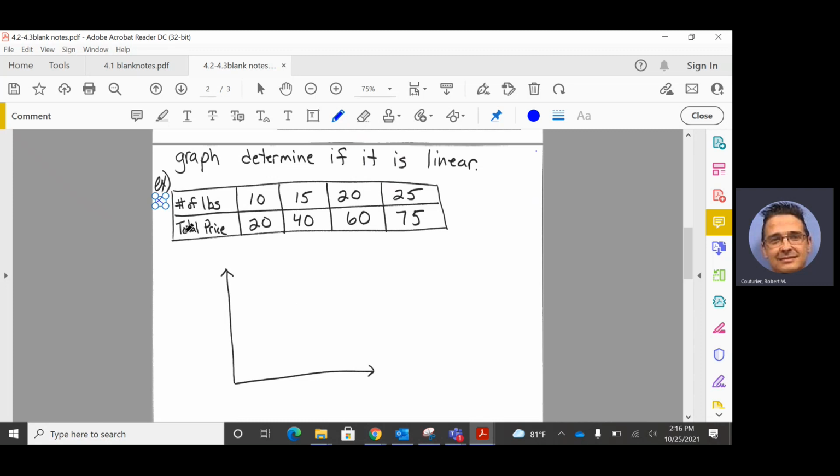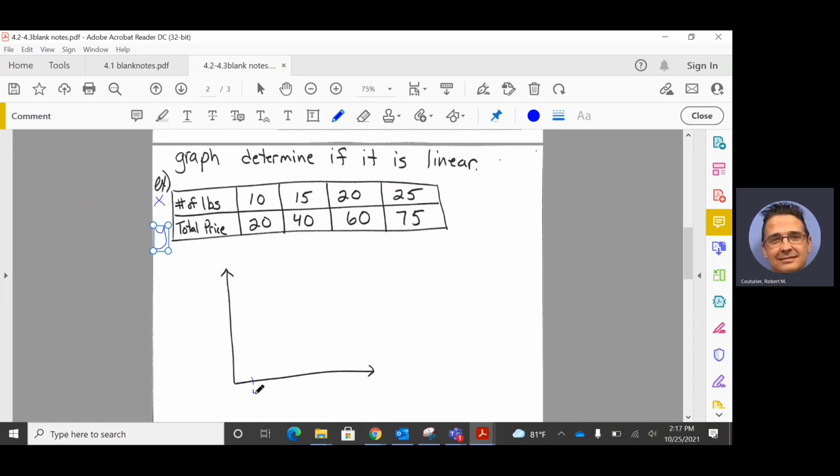You have to figure out which one is the x's and which is the y's. So here, x's, number of pounds. The y's is total price. You're going to almost always notice that total price will be a y. It's dependent. You don't know what your price is until you figure out how many pounds you're buying. And our pounds are going by 10, 15, 20, 25, so they're going by 5.